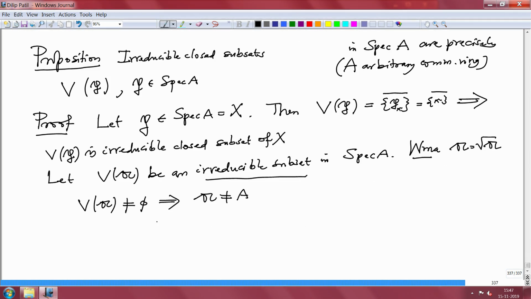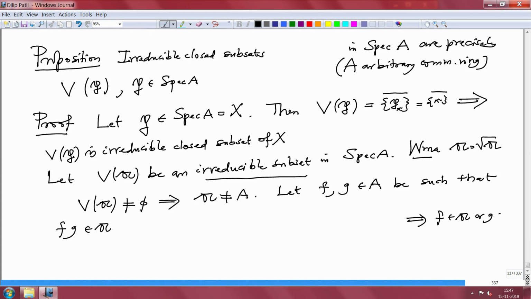To prove that it is a prime ideal, let F and G be two elements in the ring A such that F times G belongs to A. Then I am looking for proving either F is in A or G is in A. That will prove that A is a prime ideal and that will finish the proof.